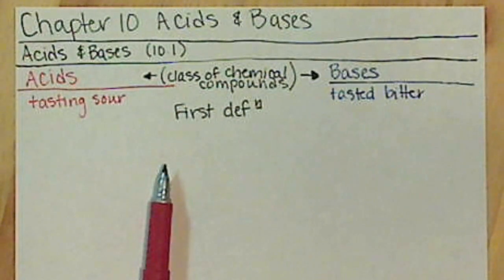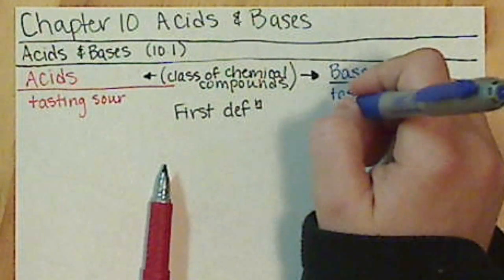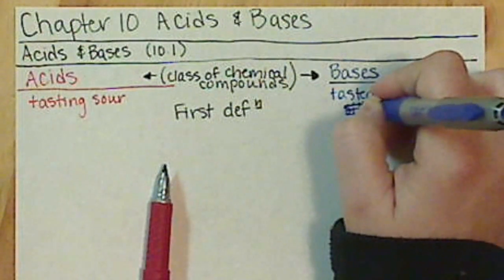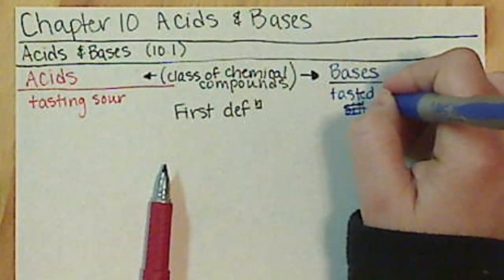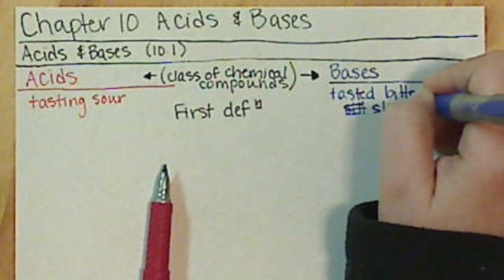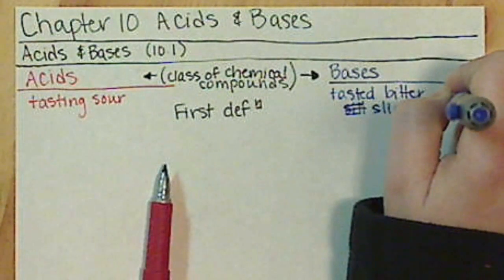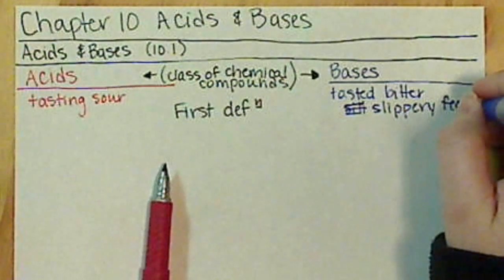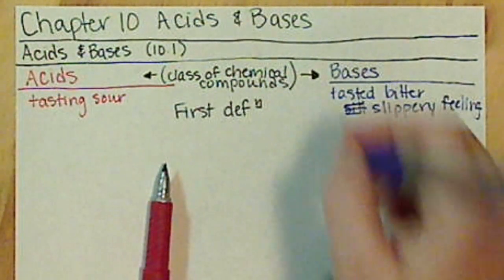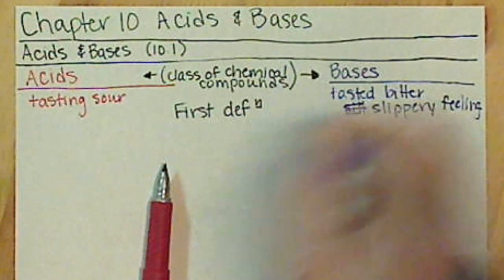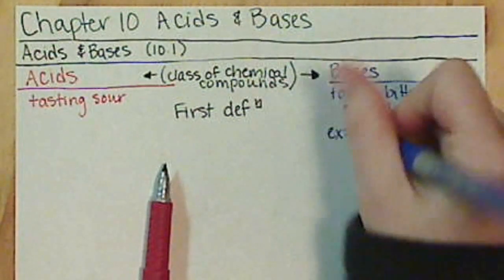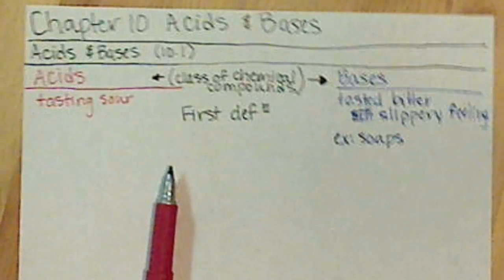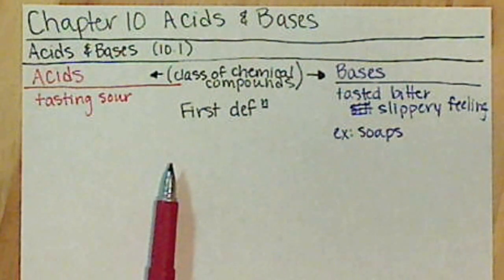Another helpful definition for bases on occasion is that they are going to leave your skin with a slippery feeling. And one of the reasons for this slippery feeling is that some examples of bases are any soaps that you use. Those are all bases.